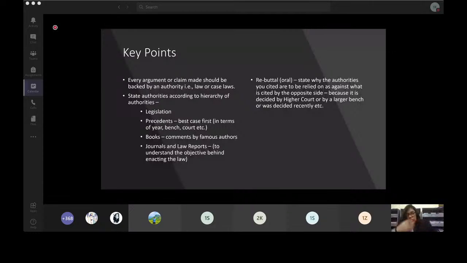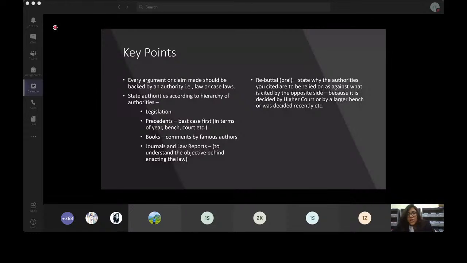Now, in the oral round, you also have the benefit of something called a rebuttal. The only distinction between a debate rebuttal versus a moot rebuttal is that you attack their authorities first. During moot court competitions, one day or some hours prior to the competition, you have an exchange of memorandums or memorials.